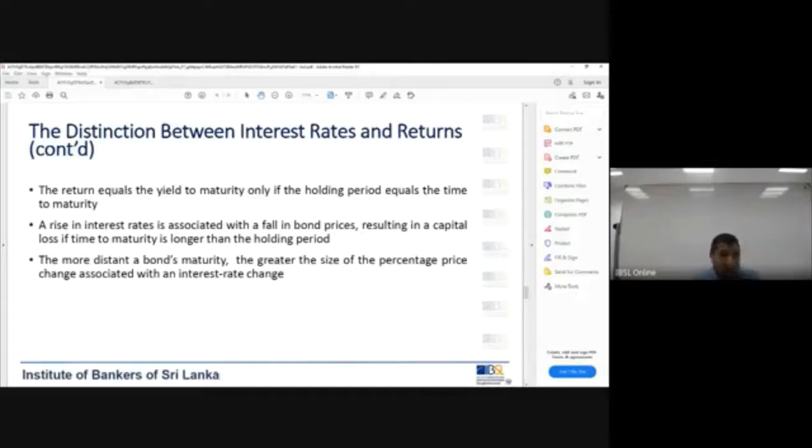If you see a capital gain, that means your prices have increased and the general interest rate structure would have decreased. If you see an environment where the interest rate structure has increased, the prices would have decreased in comparison to time T, the price at which you invested, at the time of purchase.